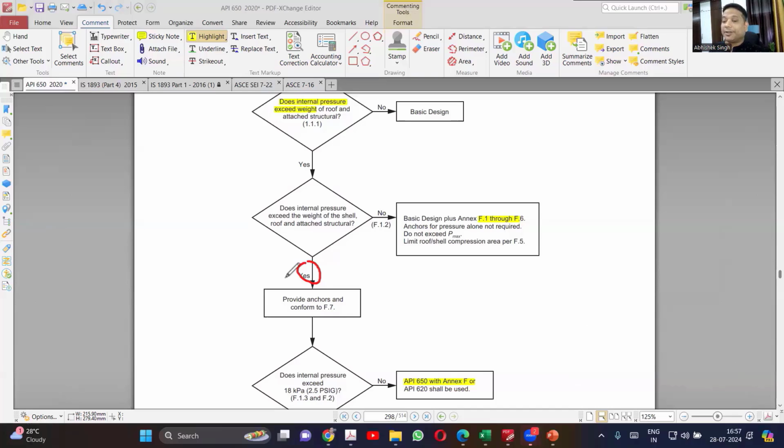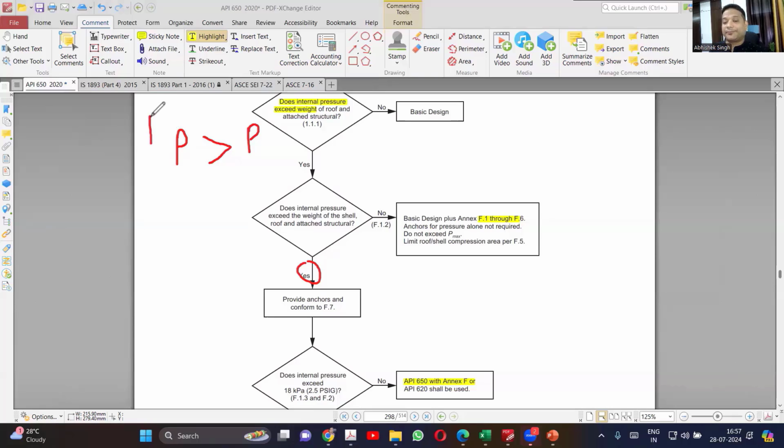So if your internal pressure P is such that it is more than the pressure because of the roof, I can convert that into pressure, or I can consider it as a weight, or force.